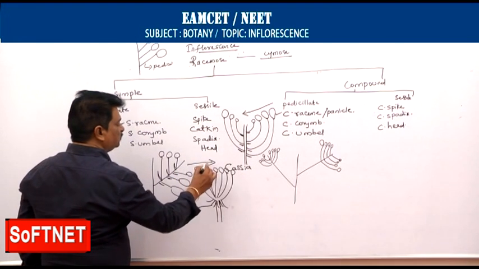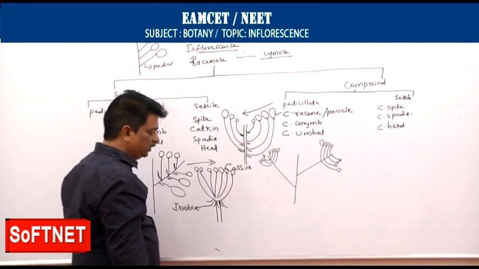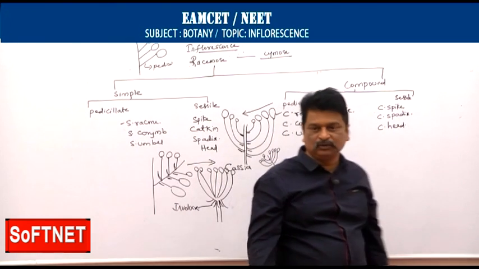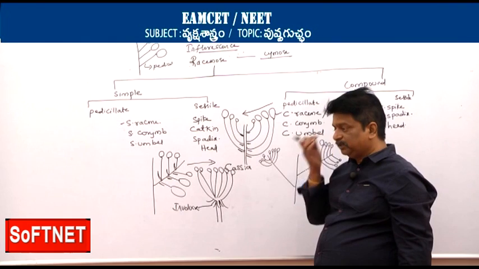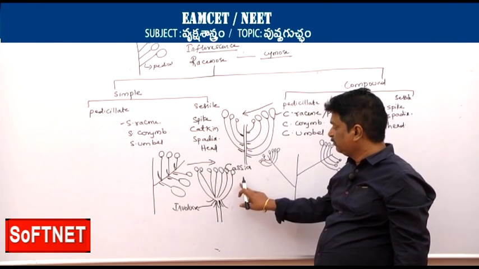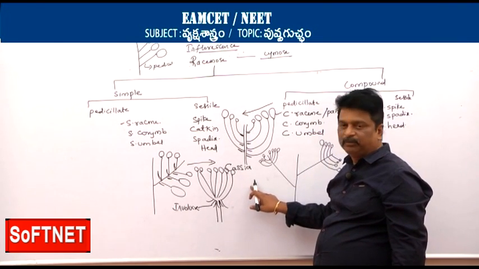If flowers are brought to the same height, opening of flowers is from corner to center, so it is called centripetalous. Example for simple umbel: onion.